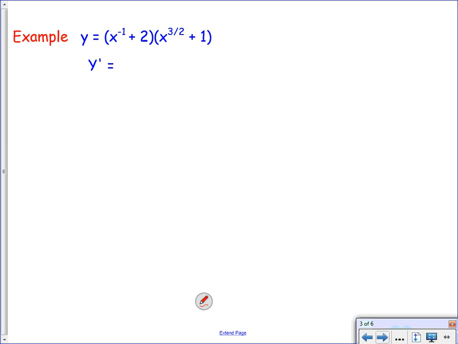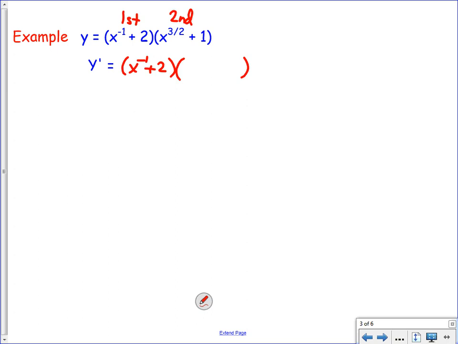Okay, so here the first function is x to the negative 1 plus 2, and the second function is x to the 3/2 plus 1. So again, as you're writing this out, just say the rule in your head, okay? y prime would equal the first function times the derivative of the second function.